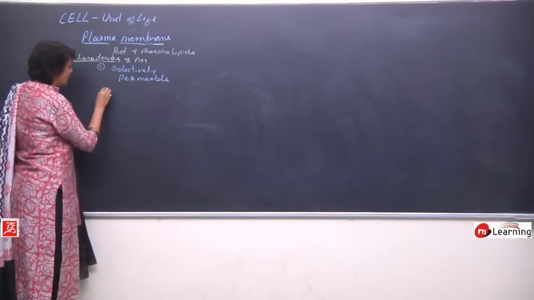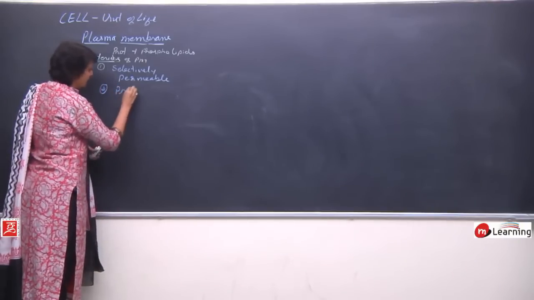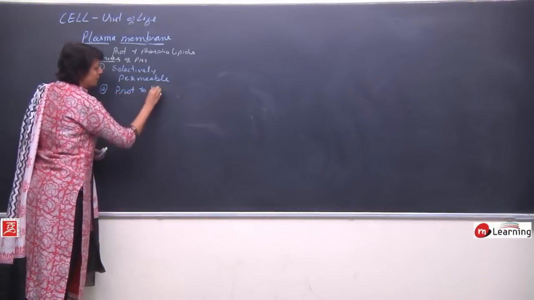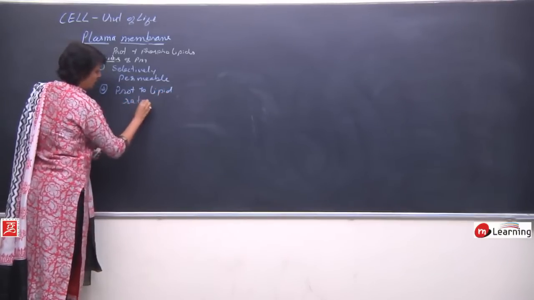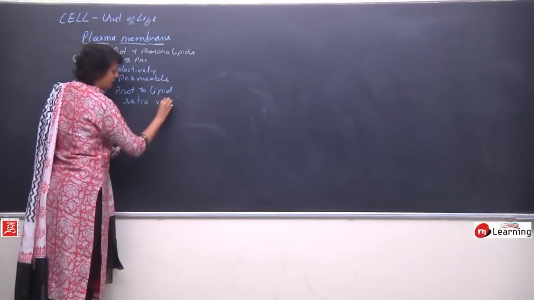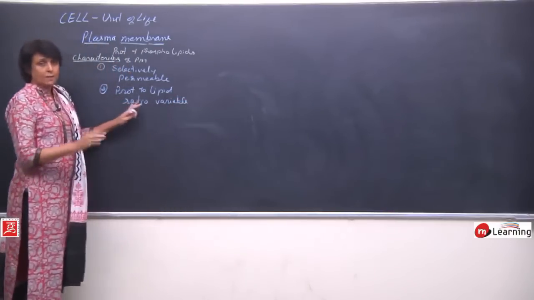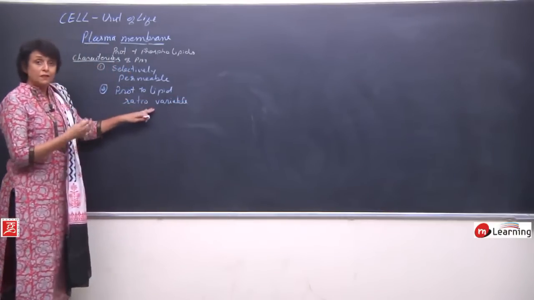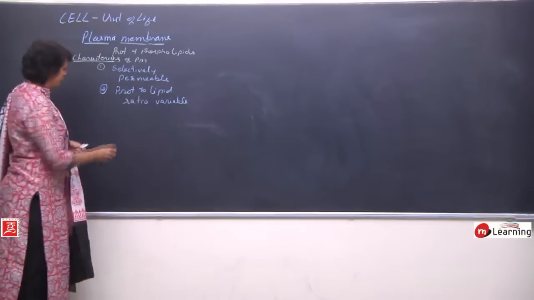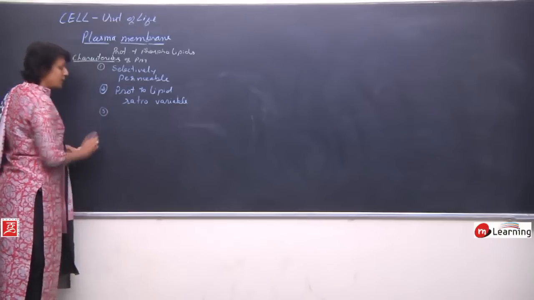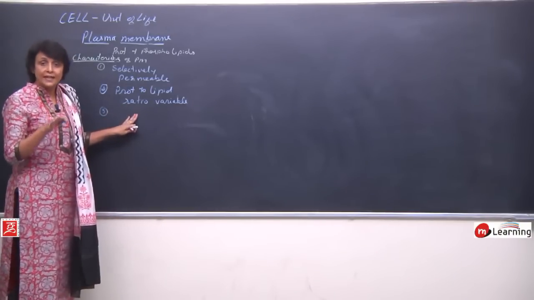The second property is that the protein to lipid ratio is variable. That means it changes. In some places it could be 50-50, at other places it could be 60-40 or vice versa. And the third property which is shown by plasma membrane is that it is fluidic.